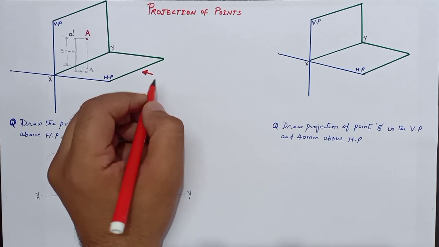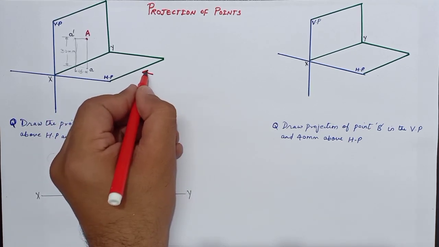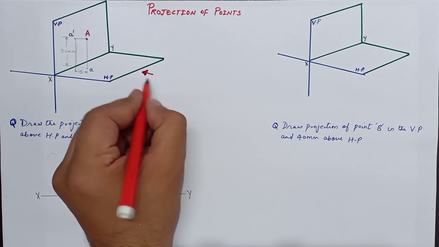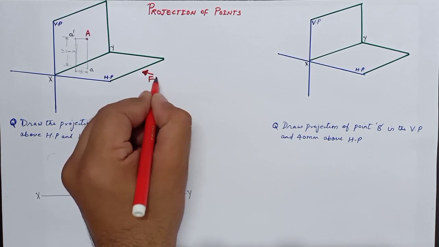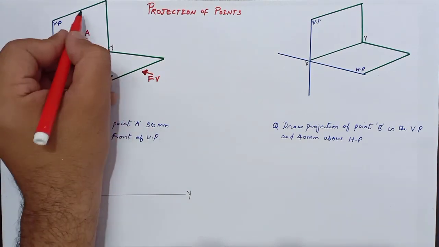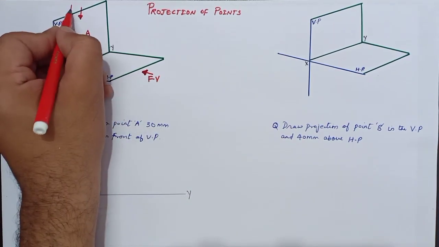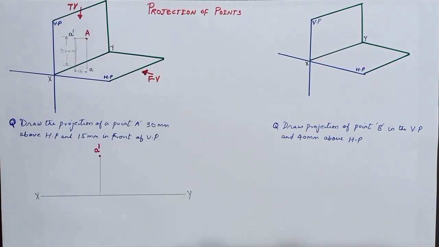The front view will look from this side. This is the position of the observer for front view, and this is the position of the observer for top view.